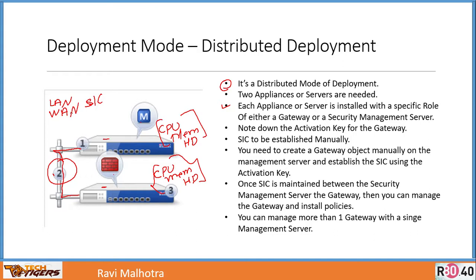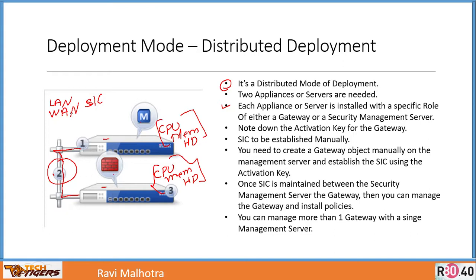This numeric identifier is a kind of one-time password. It is not reusable. So once you create that trust using the activation key of the firewall on the management server, the trust is established, and then you are able to manage the firewall from the management server.